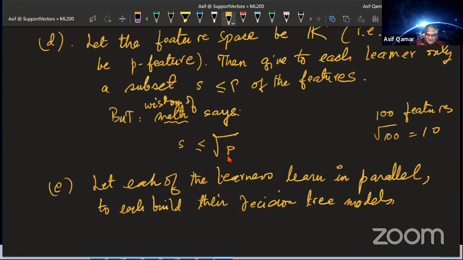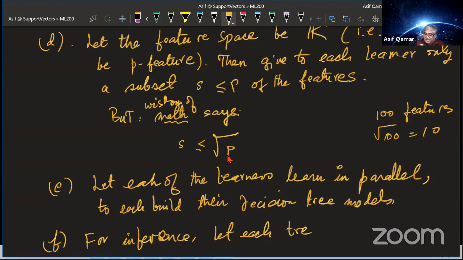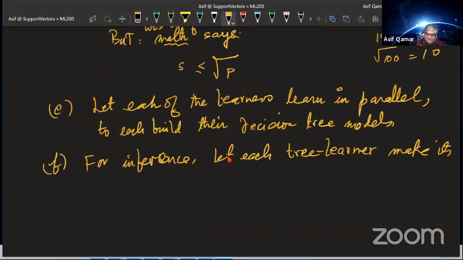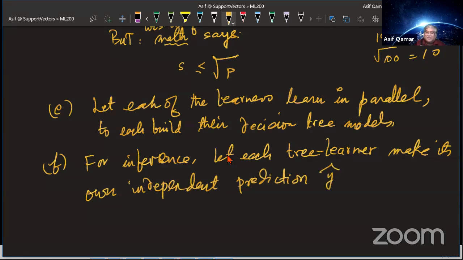Then for inference, let each tree learner make its own independent prediction, y hat. So each of them will make their own independent prediction.